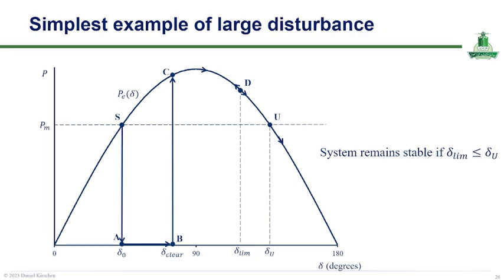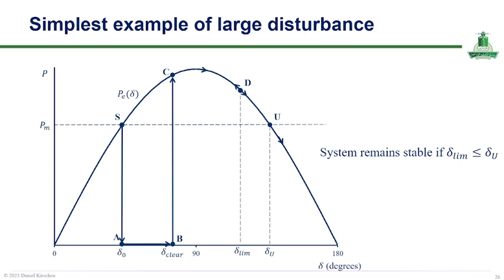After a disturbance, the rotor angle increases as the accelerating power becomes positive, moving toward point C. Once the fault is cleared at delta clear, the system begins to decelerate as electrical power exceeds mechanical power input. So stability is maintained if the rotor angle does not exceed the critical limit delta U.